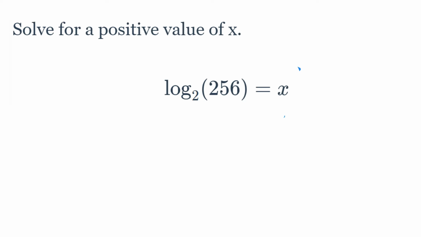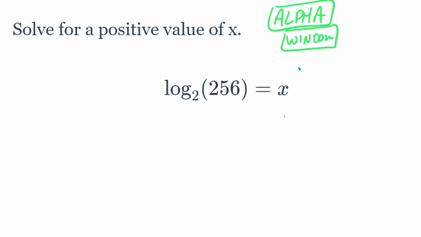If you've forgotten, under alpha window, the alpha button followed by the window button, and then option number 5 is our log base.